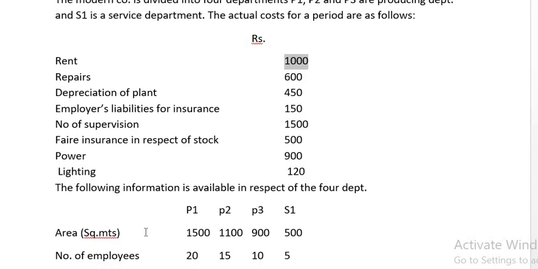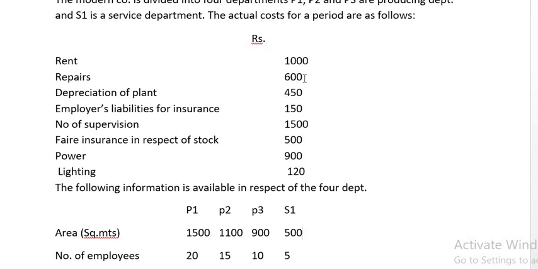The area is already given: P1, P2, P3 producing departments are 1500, 1100 and 900, but the service department only 500. On this basis we have to distribute the rent.